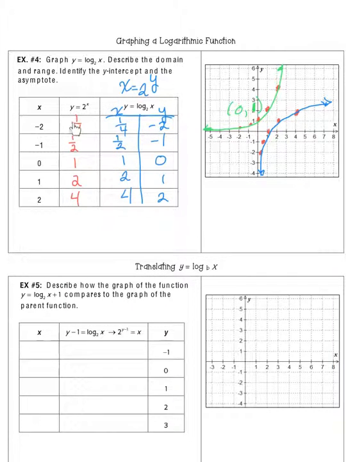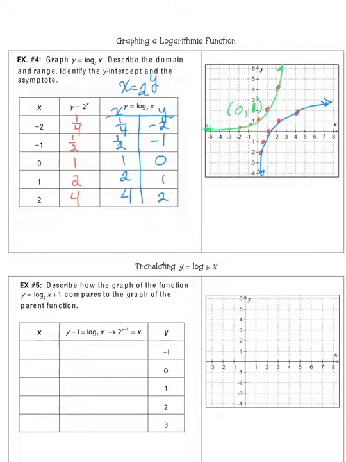Now remember, if your x and y switch, like they are here, this is the inverse of this because their x's and y's have switched. So it makes sense that if the x's and y's have switched, that if we had y equals 0, our asymptote would switch to x equals 0. I'm not drawing the asymptote in here because I've got two different graphs on here, but you would draw a dashed line here and label it x equals 0.